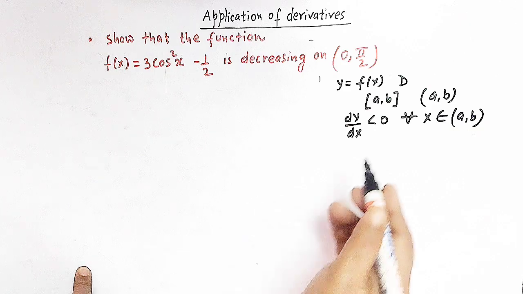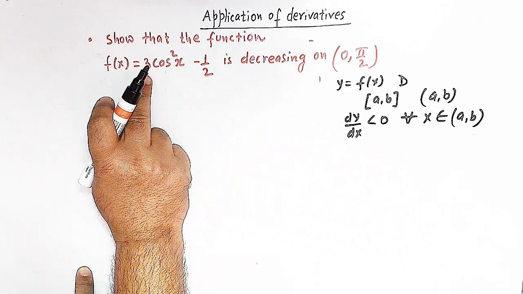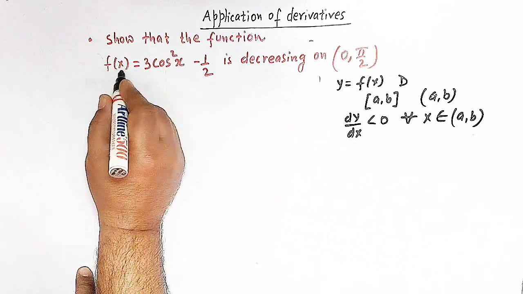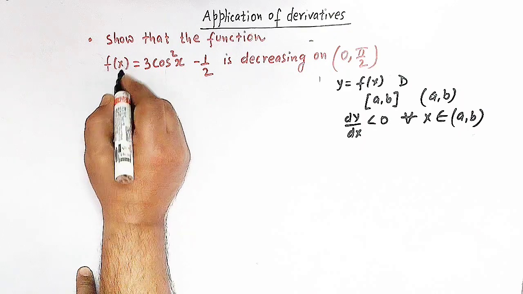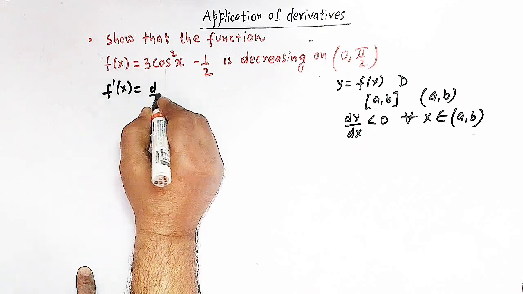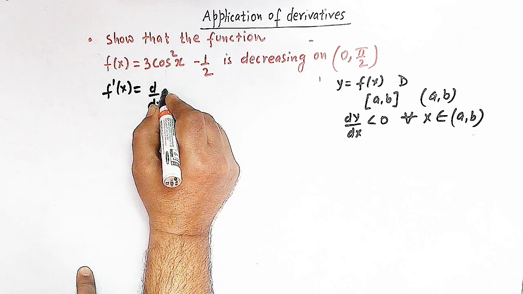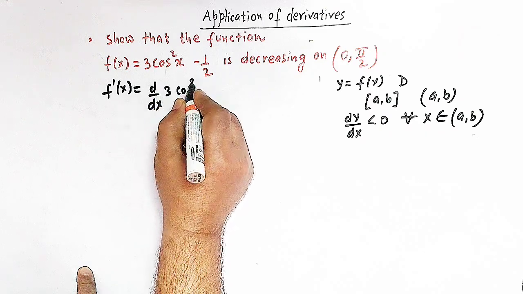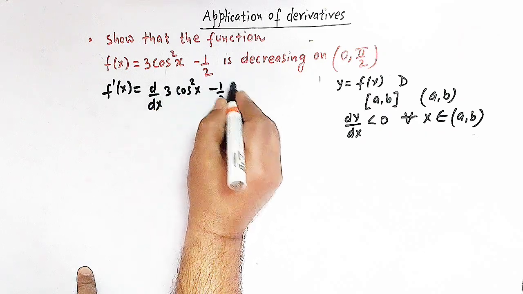Here we'll apply this concept to this function. Let us first find the derivative of this function. So f prime of x is given by d by dx of 3 times cos square x minus half.